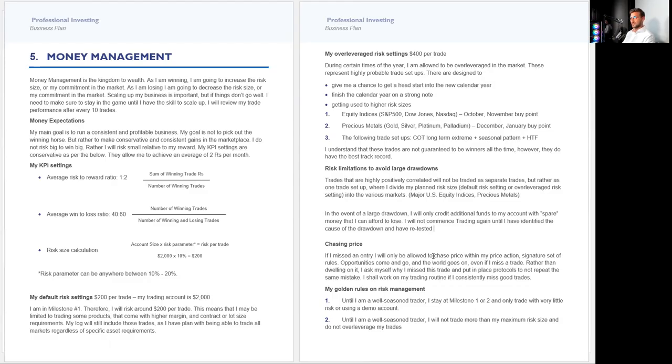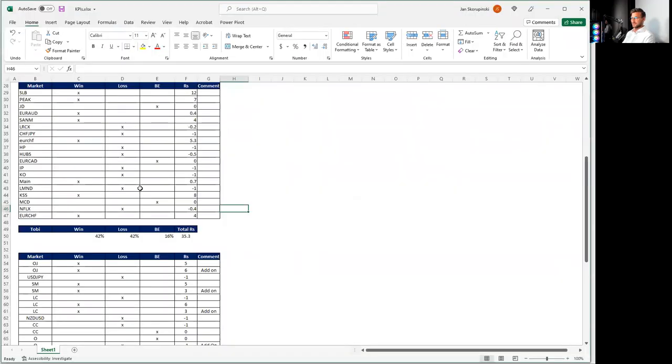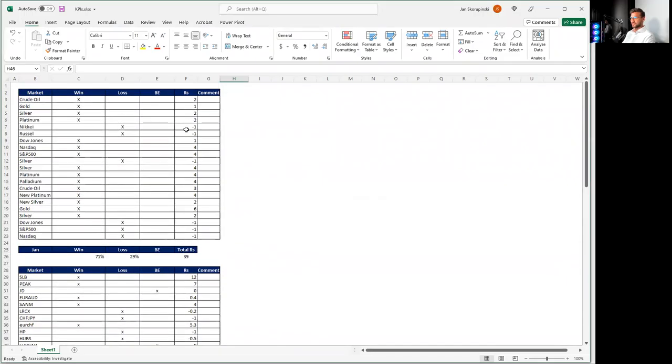That should only ever be allowed within our price action and signature set of rules. What we need to understand is that opportunities in the market come and go, right? This is not the end of the world. Life goes on, even if you miss one trade. Even if you miss 1-2 trades, life will go on.